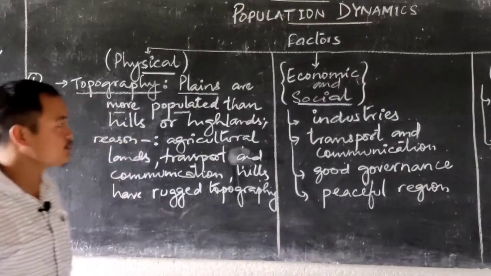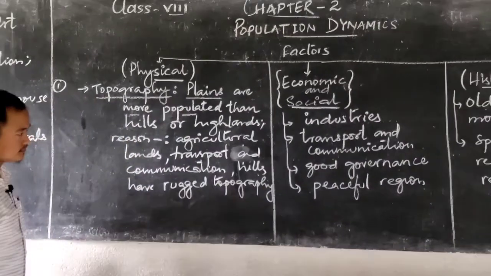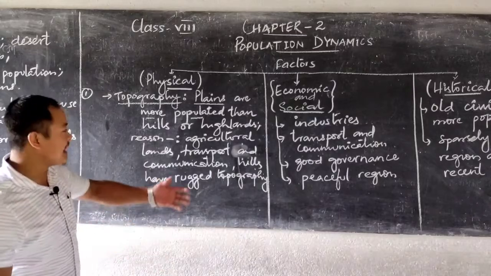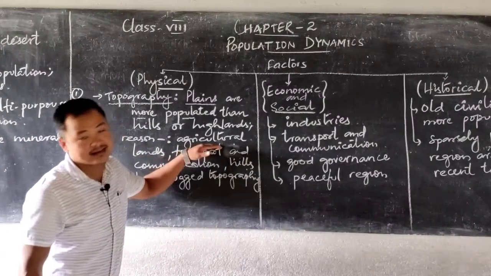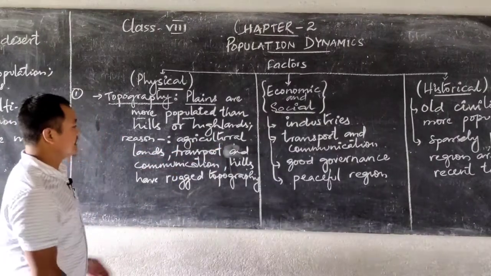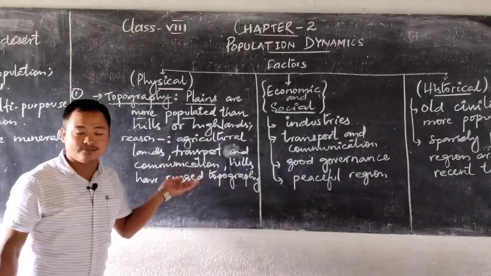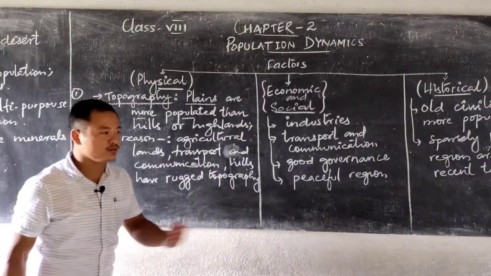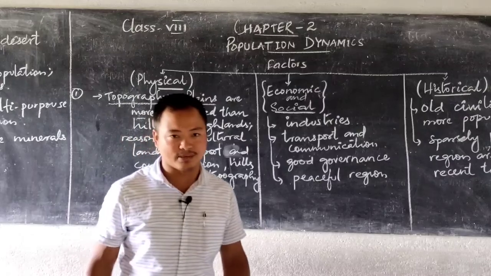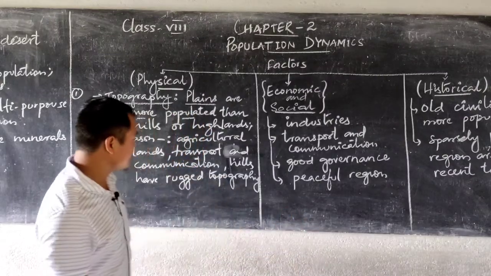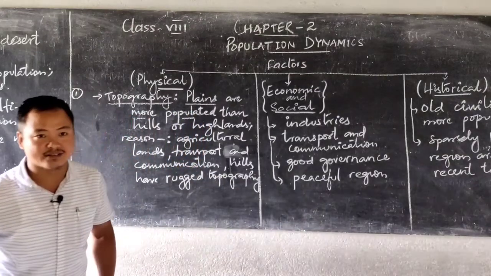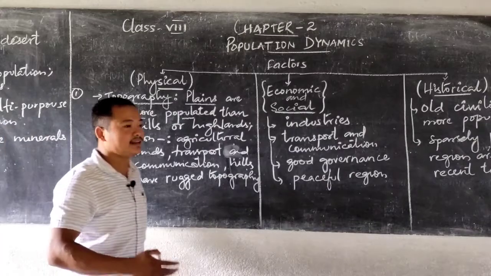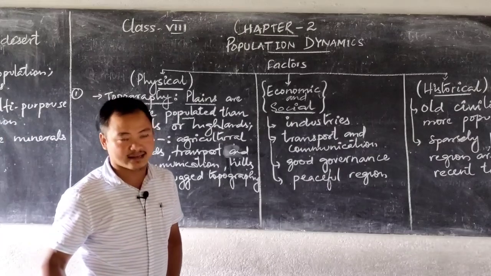Now, why are plains so densely populated? See, plains, as flat land, always help us in agricultural activity. Then transport and communication become very easy here, and industries are also set up in the plains. While in the hills, the landform is not an even surface. Rather, the lands are undulating.